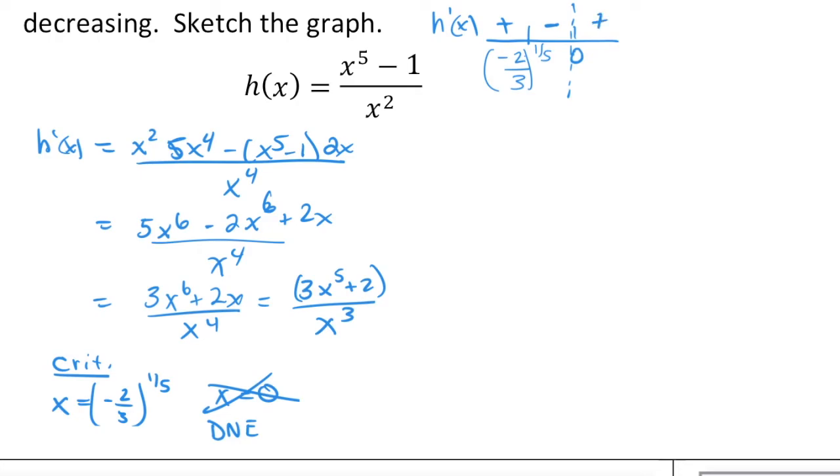So if we look at what's happening at the critical number, the function was increasing and then decreasing. So that's going to be a relative max. So let's see what we have here.